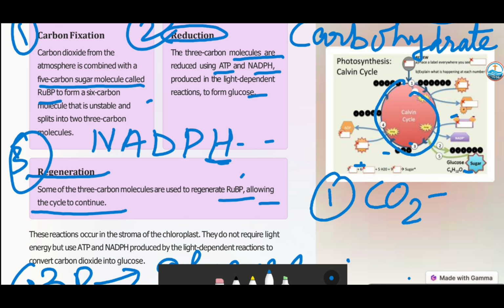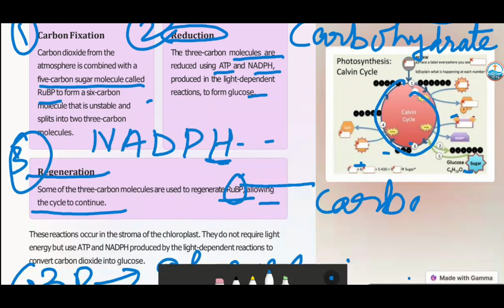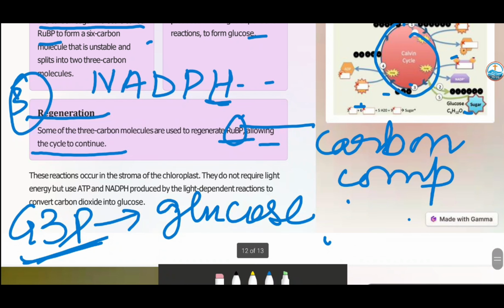Now you will ask, ma'am, what is RuBP? It is a carbon compound. All right. So when this G3P molecule, which is a building block for glucose, has formed, to form glucose, the cycle has to turn 6 times.